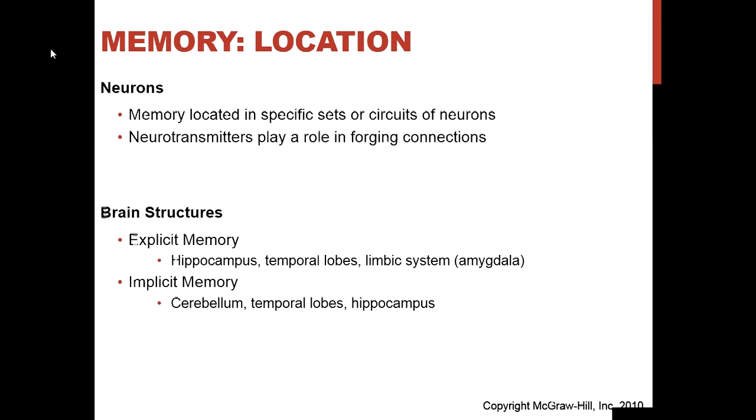There's also something called the Broca's area, B-R-O-C-A, Broca's area, and another area called Wernicke's area, W-E-R-N-I-C-K-E, Wernicke's area. And these two areas are involved in the expression as well as the comprehension and production of language.